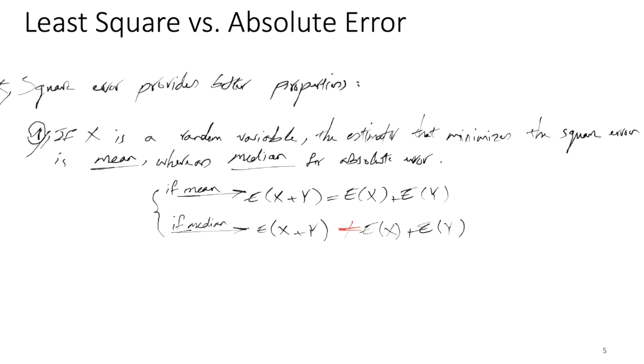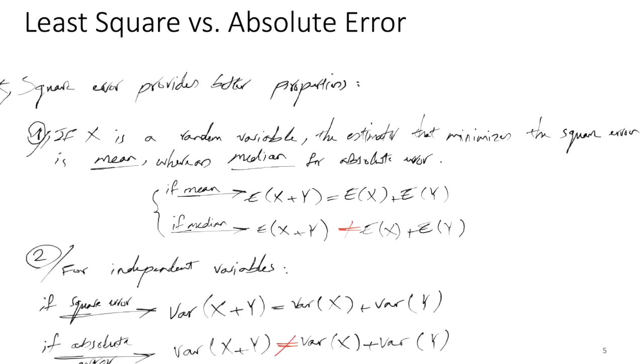Another advantage would be if you have independent variables. If you use a square error and estimate your variance as variance of x plus y, you'll still be able to expand that to variance of x plus variance of y.